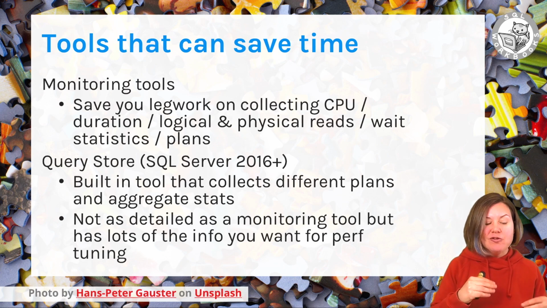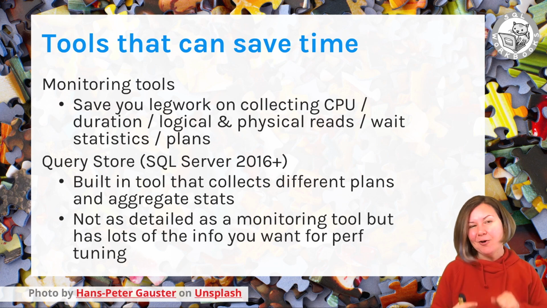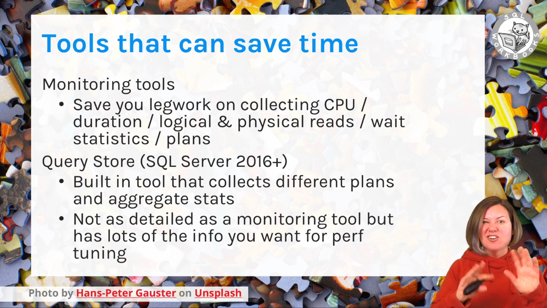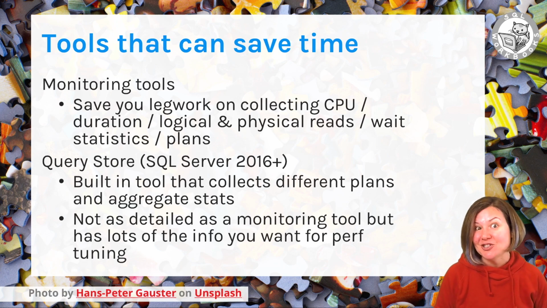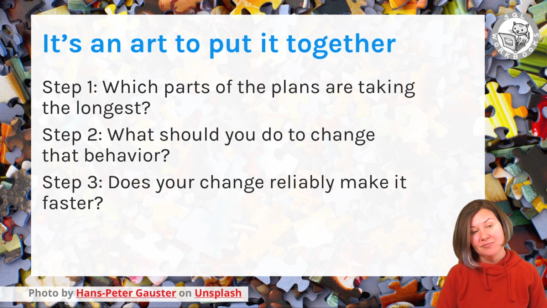And for different intervals, what were the execution statistics for that query plan in that interval? They are an aggregate, but they persist over restarts. They're a lot more stable than just hoping the information you want is in memory, and that can be really helpful, and it's built right into SQL Server.